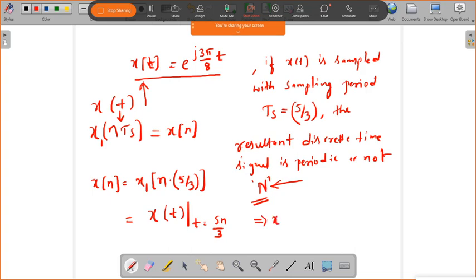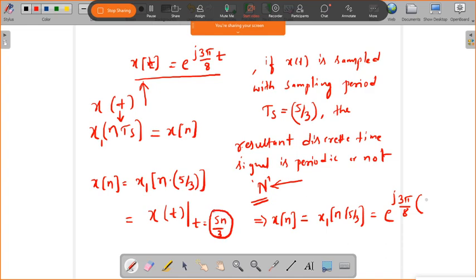So you will get the discrete time signal x of n, which is equal to x1 of n into 5 by 3, which is equal to e power j 3 pi by 8. Now what is the t we need to replace? T we need to replace by 5 by 3 into n, is it not? So this we need to replace.